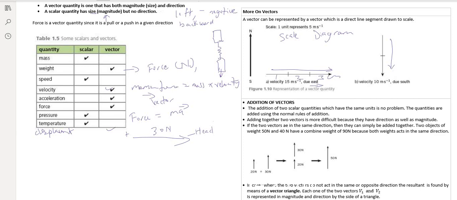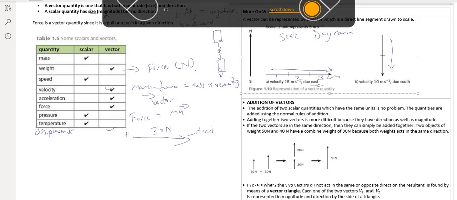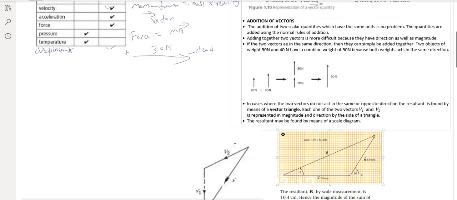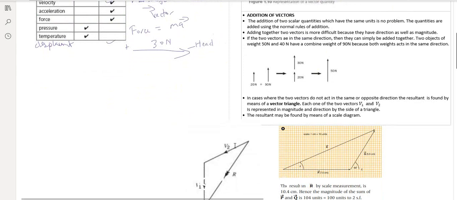All right. Now, when it comes on to vectors, we can add, we can subtract, we can do quite a number of things with vectors, but for this lesson, we want to focus on how we would add a few vectors. Whereas when we look at scalar quantities, we would realize that it is much easier for those quantities to be added.